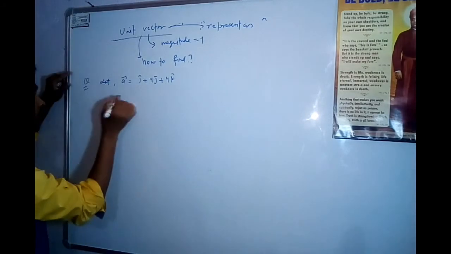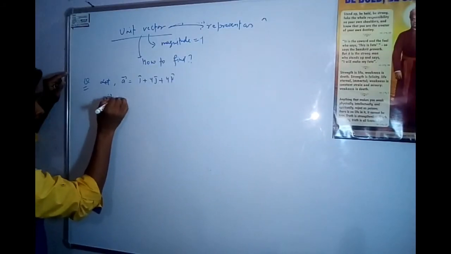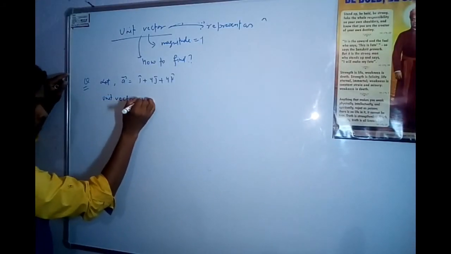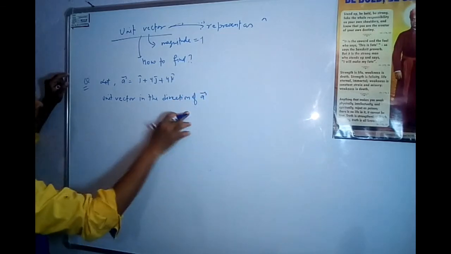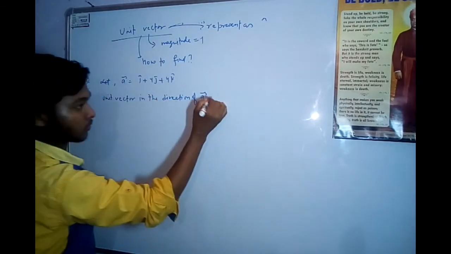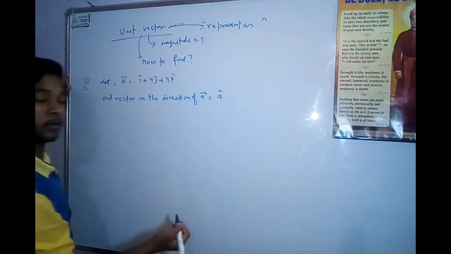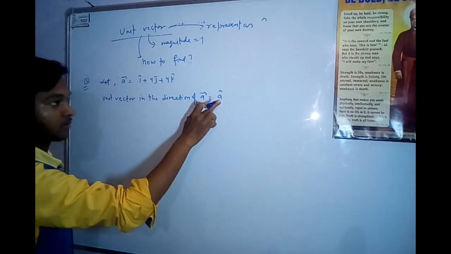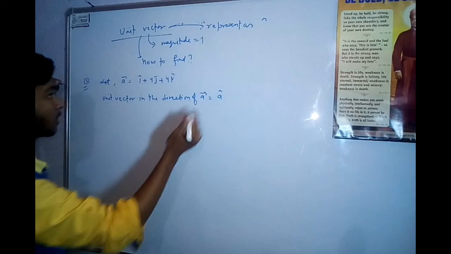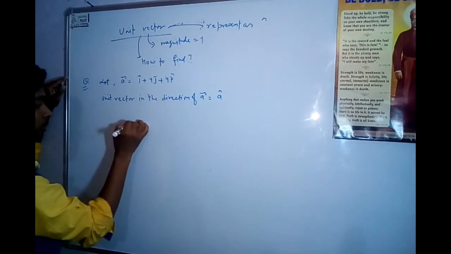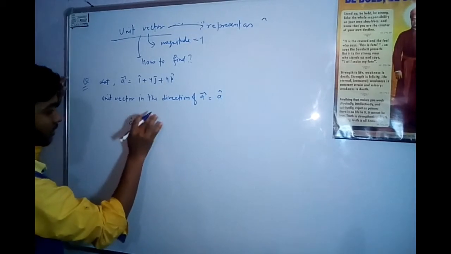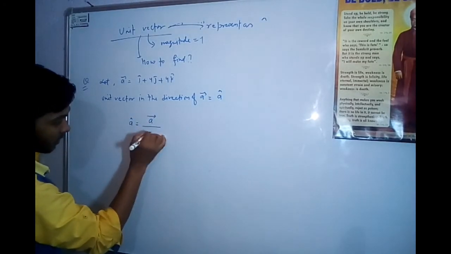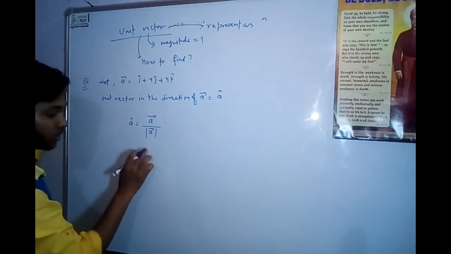Let's say we want the unit vector in the direction of a. If we want the unit vector in the direction of a, then we write a cap. That is the unit vector in the direction of a. So how is this calculated? This can be calculated as a vector divided by the magnitude of a vector.